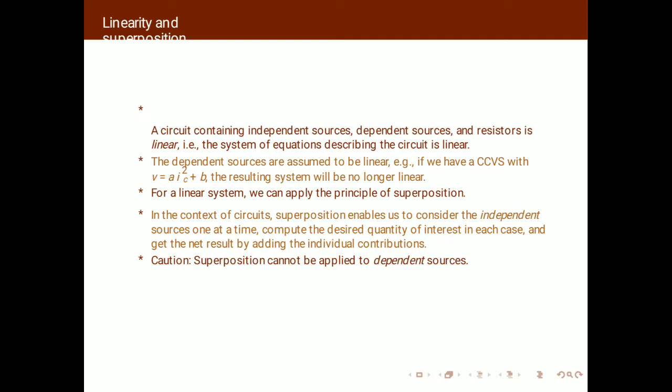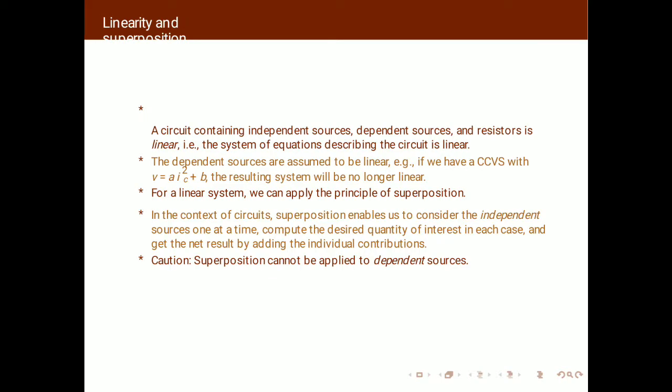If the circuit contains many sources, first we consider one source at a time, and the remaining sources are disconnected or switched off. We consider each case and calculate, then add the individual contributions to get the result. Note that superposition cannot be applied to dependent sources. It is only applicable for independent sources.